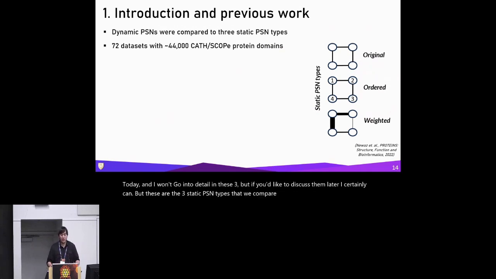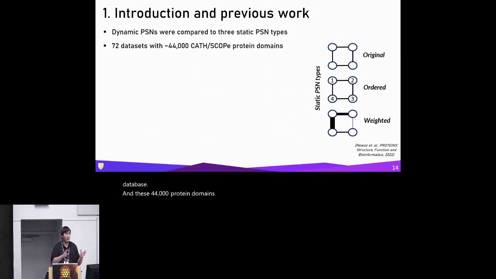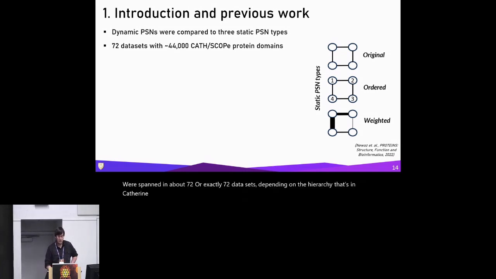Our lab used all 44,000 protein domains that had structures in the PDB, as well as structural labels in the CATH and SCOPe databases. These 44,000 protein domains, which correspond to 44,000 PSNs, were spanned in exactly 72 data sets, depending on the hierarchy that's in CATH and SCOPe.